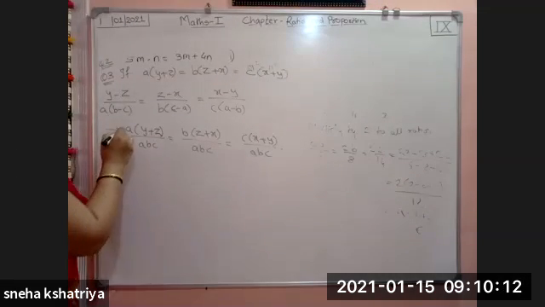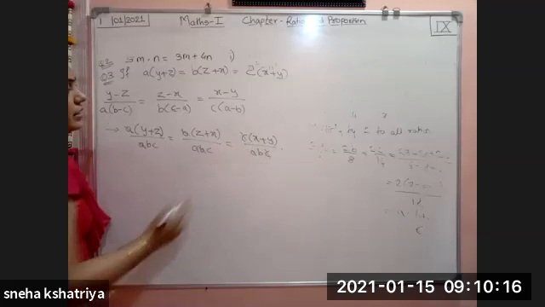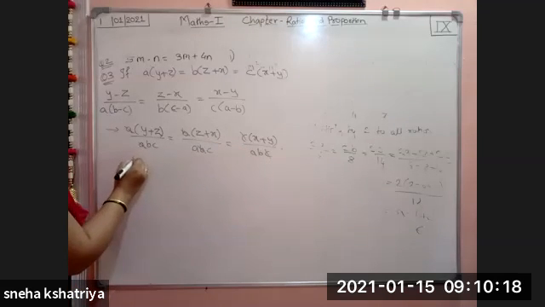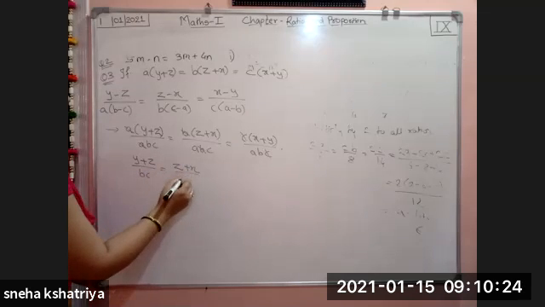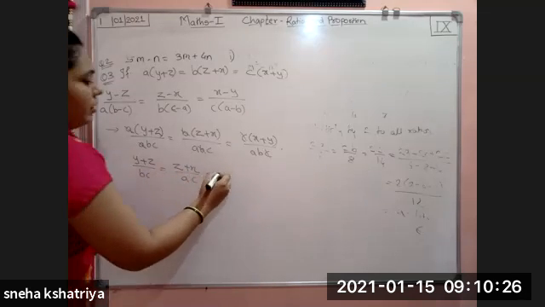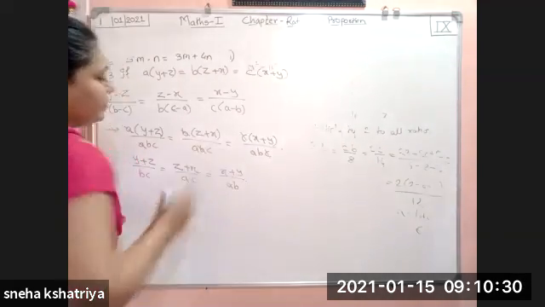Now see here, a gets cancelled, b gets cancelled, and here c gets cancelled. So what is remaining? (y + z) / bc = (z + x) / ac = (x + y) / ab.